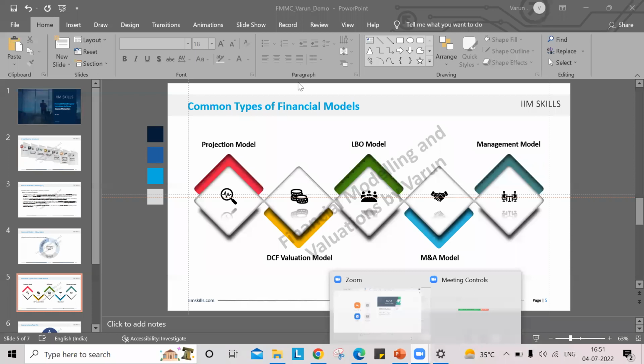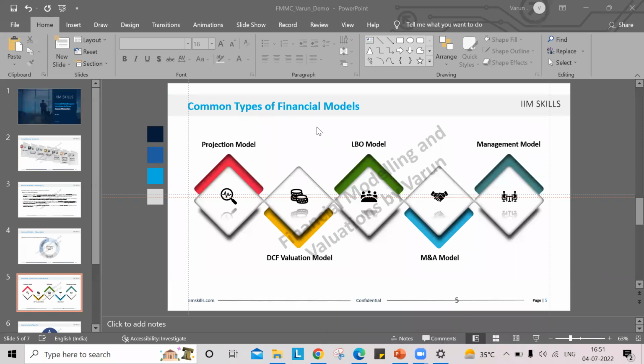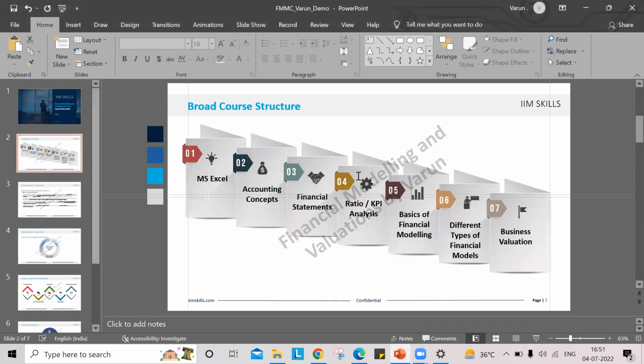Yes sir. I was saying that financial modeling is not one skill, it is rather a suite of skills wherein you will learn about different topics. This is just a broad classification of the topics. You get to learn about the analytical angle, and you get to learn about the software, MS Excel. There is a very good saying in the corporate world that if you learn MS Excel, half of your skill set is already done in a corporate job.